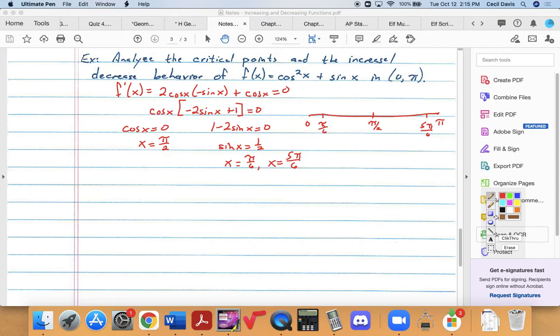And we have to analyze the sign of the derivative at some points in here. Well, between 0 and pi over 6, there's nothing really nice, is there? I'm going to skip it for now.